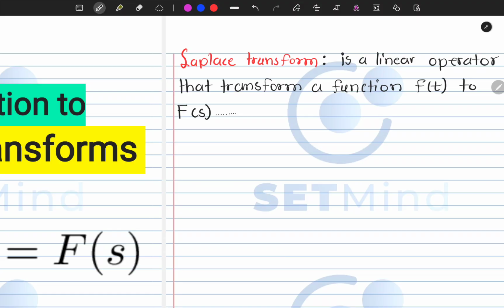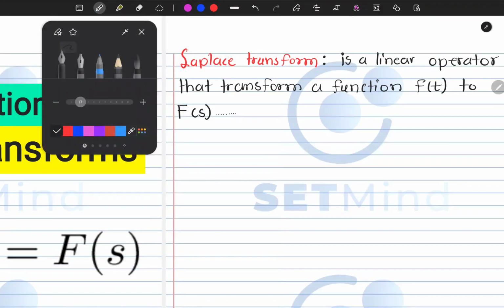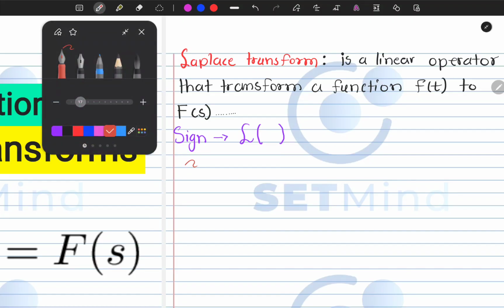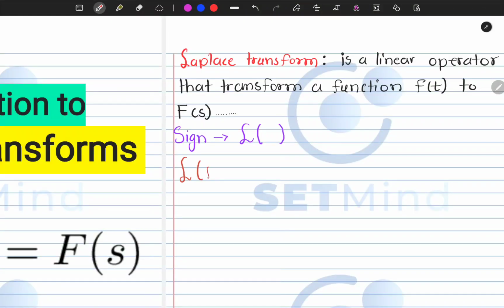The operation does exactly that. There's a couple of things which we need to be aware of, which is that the sign for our Laplace transform is usually written like that. Once we see the sign, it means that we are taking the Laplace transform of whatever is inside the brackets. So if we have this sign and then f of t there, all that means is we are taking the Laplace transform of f of t.